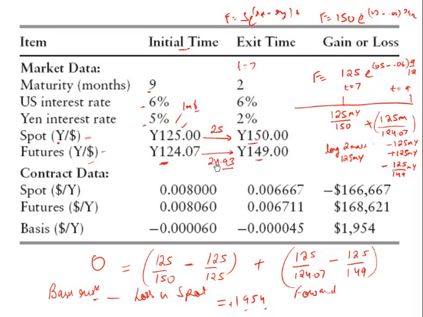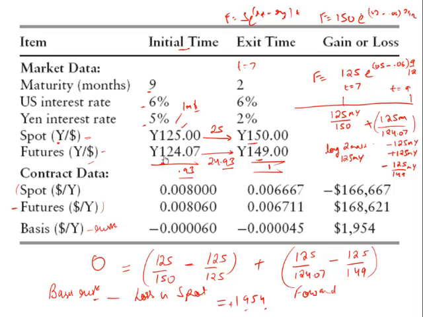If this would have been 25.07, this would have been a slight loss. This is referred to as the basis risk. The basis is the difference between the spot and the futures. If this distance remains constant, for instance, here it is 0.93 and here it has become 1 unit, if this distance remains constant, then basis risk has not played out, or the basis has remained constant.